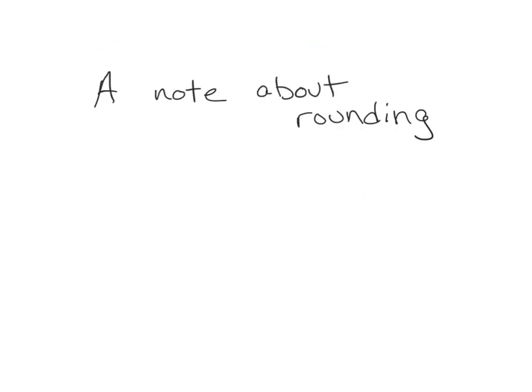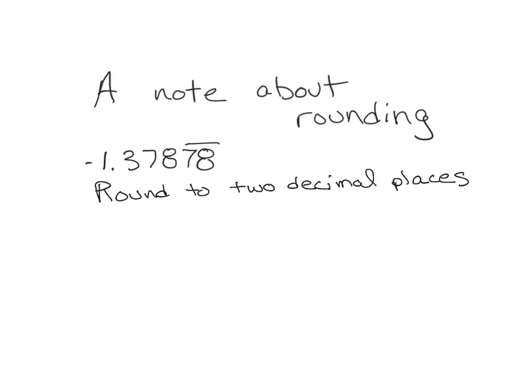So a note about rounding before we go on. When you put the last problem into your calculator, you'll get negative 1.3 and then 78 repeating, depending on how many decimal points your calculator shows and if it does the repeating sign. And suppose you want to round to 2 decimal places.